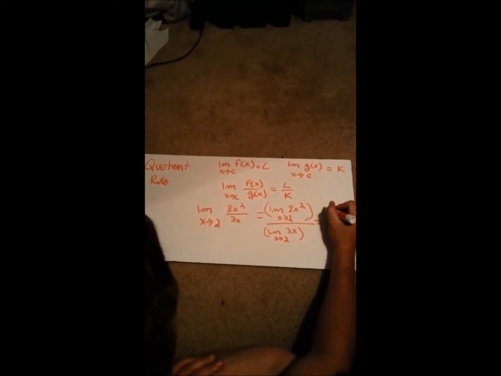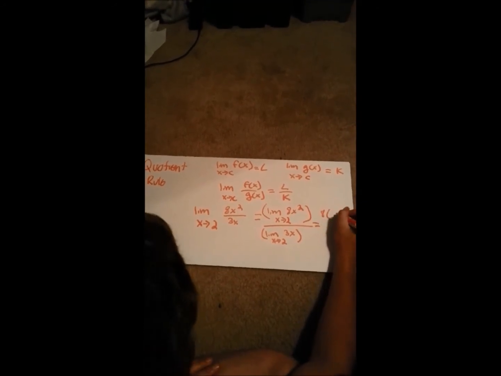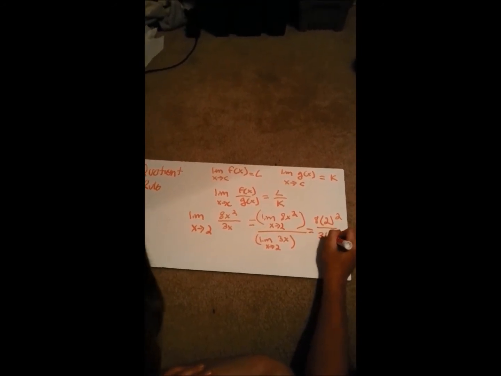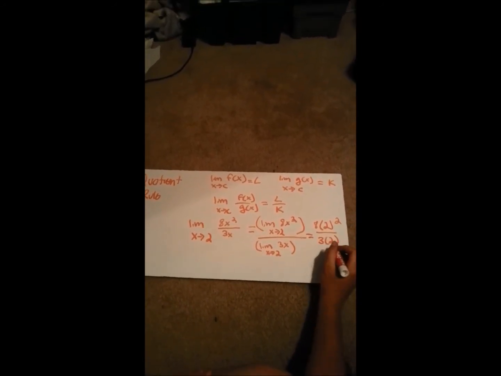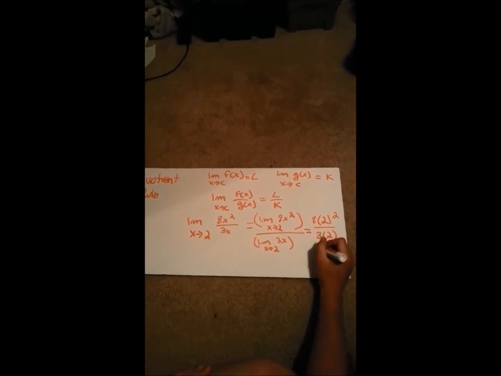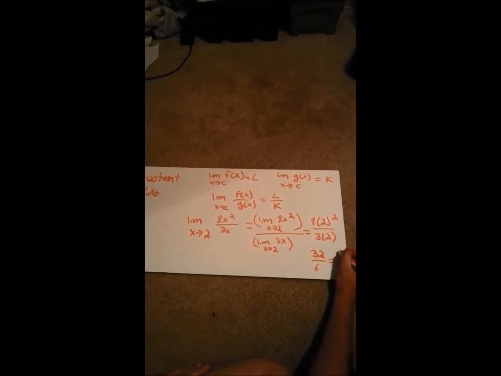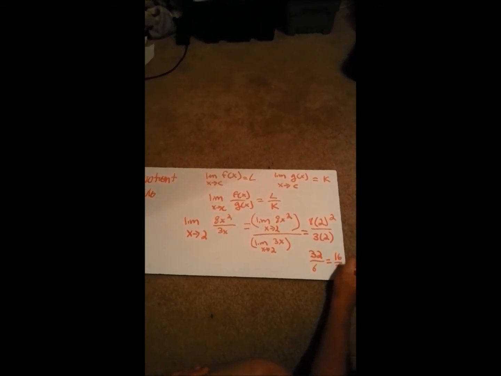Here we plug it in, we get 8 times 2 squared over 3 times 2, and that gives us 32 over 6, which simplified is equal to 16 over 3.